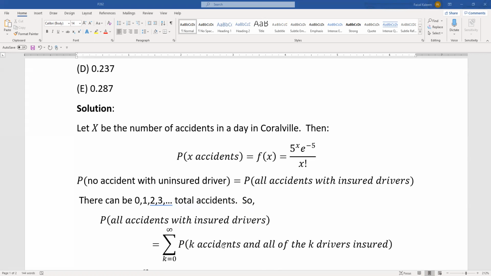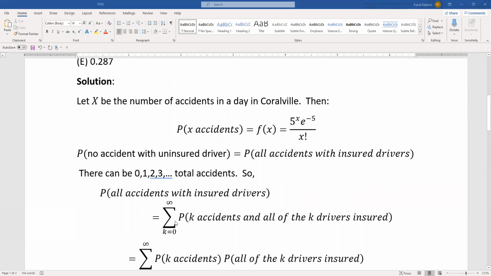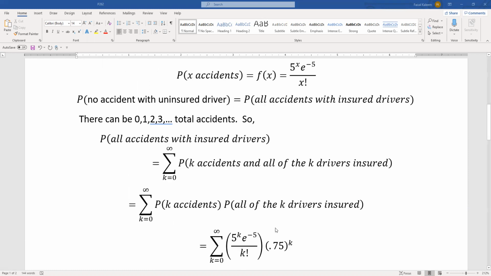That's why when you break it up, it's a sum of 0 and 1 and 2 and 3 and so on. And between these two we have k accidents and all of the k drivers insured. So that's probability of k accidents times probability all the k drivers insured.